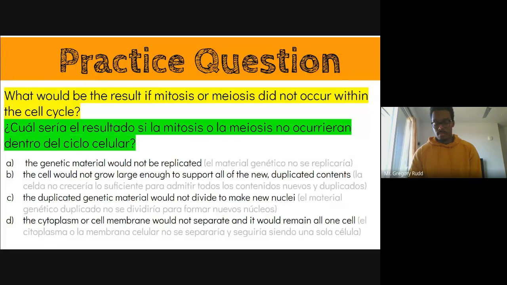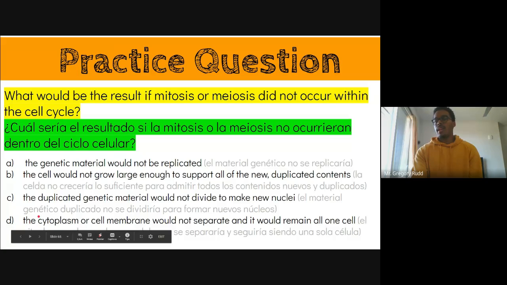Thank you. When do we see cell growth happening? G1 or G2? Yeah, in G1 and G2. So again, if something were wrong with the cell cycle process, and we couldn't do mitosis, that does not prevent the cell from growing because cell growth happens during G1 and G2 of interphase.